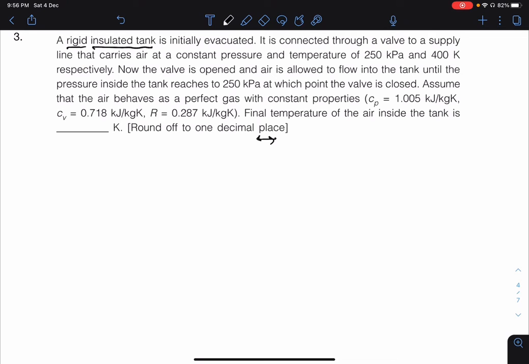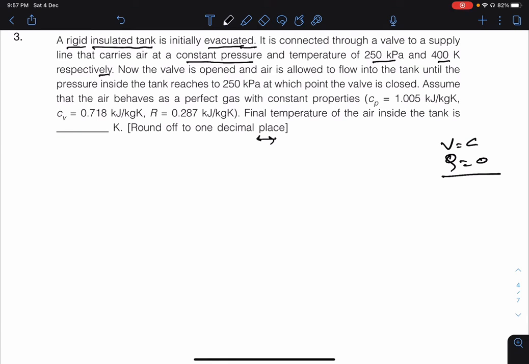Rigid, insulated tank, evacuated. So rigid means volume is equal to constant. Insulation means Q is equal to 0. Evacuated means there is nothing present at the initial stage. So a rigid insulated tank is initially evacuated. It is connected through a valve to a supply line that carries air at a constant pressure and temperature.